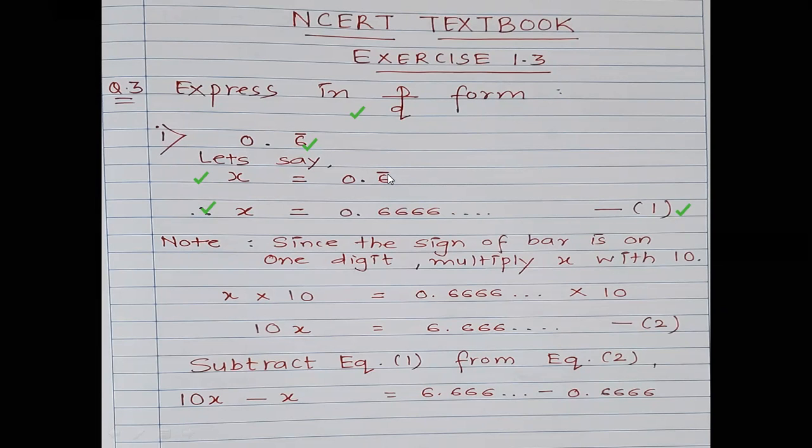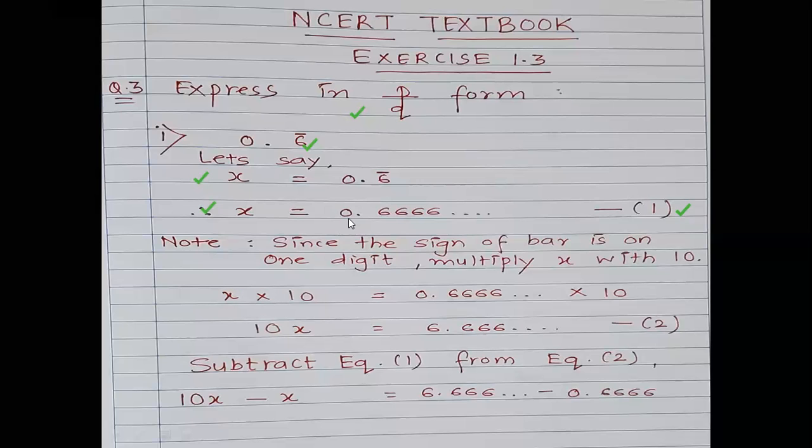Over here, you can find that the bar is only on one digit. Hence, x will be multiplied with 10. If the bar was on 2 digits, x would have been multiplied with 100. If the bar would have been on 3 digits, x would have been multiplied with 1000 and so on.